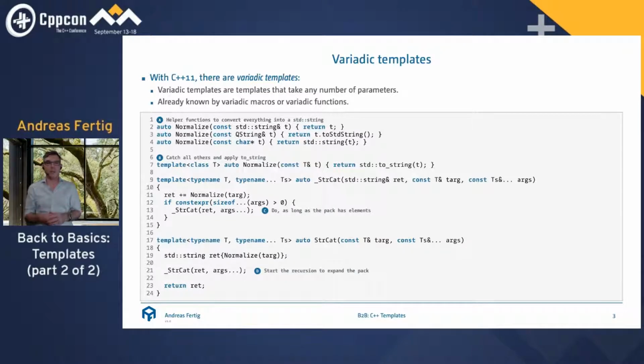A specialization would do that job, but I would have to write more. And if there is a specialization, for example, of std::string and the function as provided in line number 2, then line number 2 wins. So I'm on the safe side doing it that way, and I have to write and type a little more and read. So that's why I prefer that solution. I hope that helps.